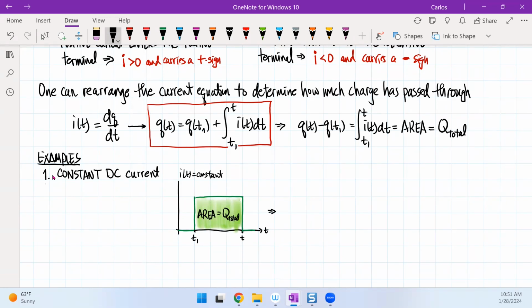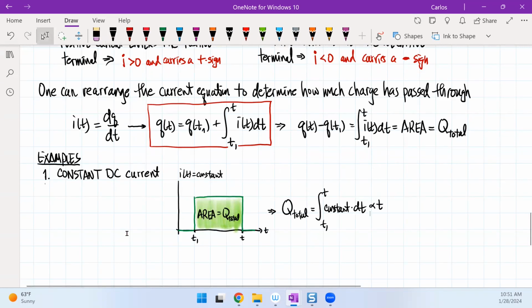And mathematically, we can see here that if I look at this charge here, this has to equal the integral of some constant dt, which means it has to be proportional to t. Actually, I'm going to run out of space, so let me move this.